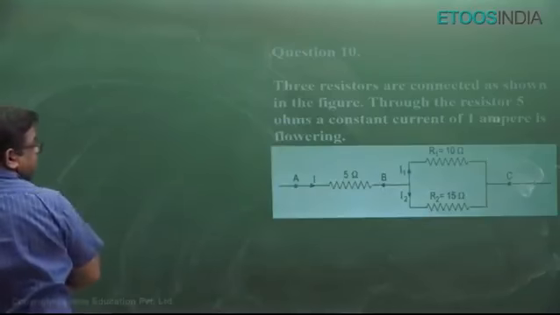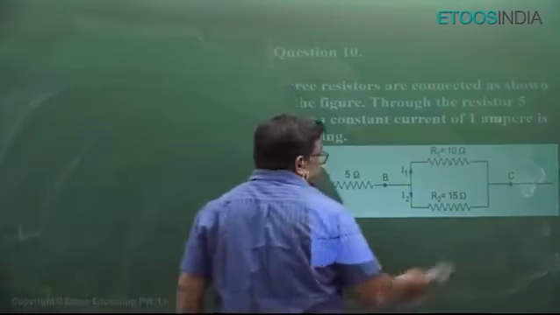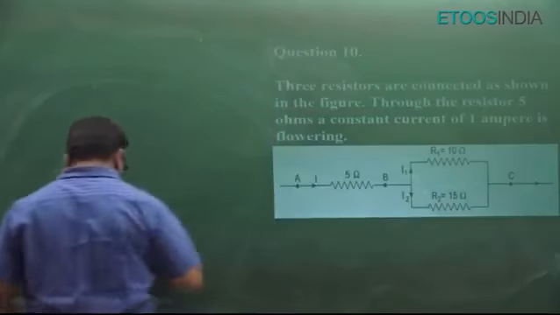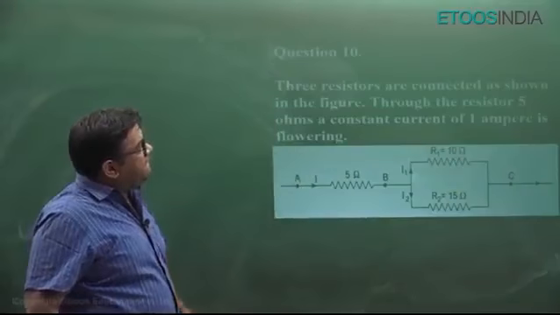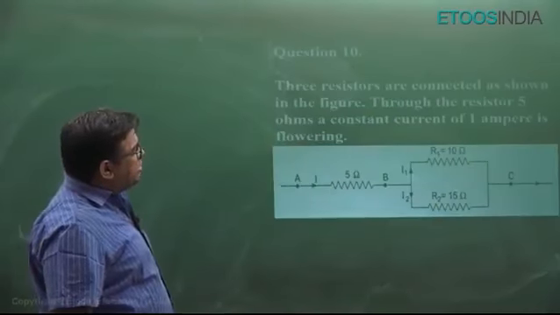Now this is the tricky one. Let's see what it says. Three resistors are connected as shown in the figure. Through the resistor of 5 ohm, there is a constant current of 1 ampere.